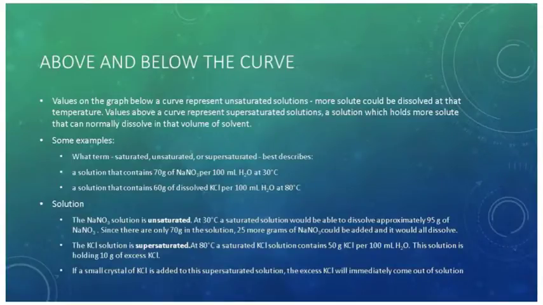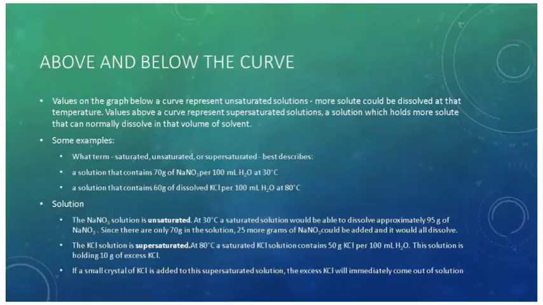The NaNO3 solution is unsaturated at 30 degrees. A saturated solution would be able to dissolve approximately 95 grams of NaNO3. Since there are only 70 grams in the solution, 25 more grams of NaNO3 could be added and would all dissolve. The KCl solution is supersaturated.